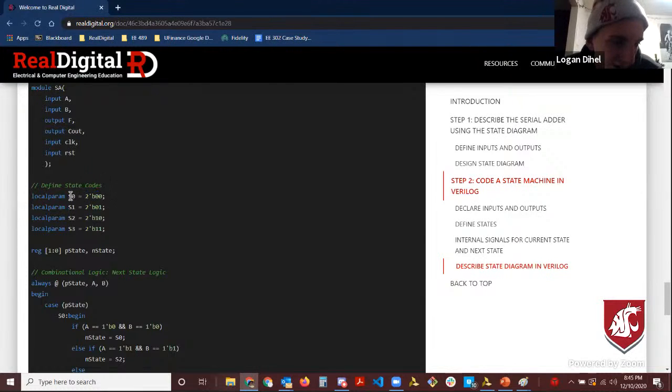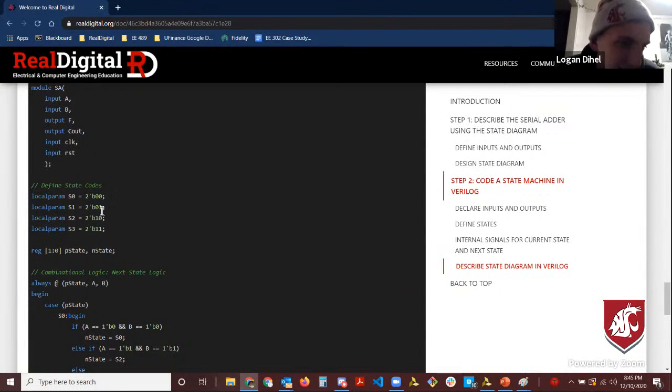If you had 3 or 4, then you're going to need 2 bits here. If you had 5 to 8, then you're going to have 3 bits here. So S7 might be 3 binary 111, for example.